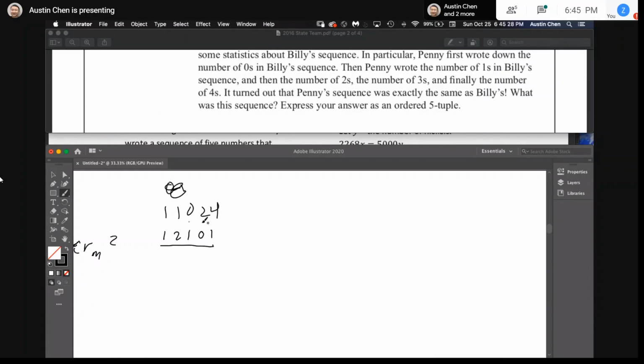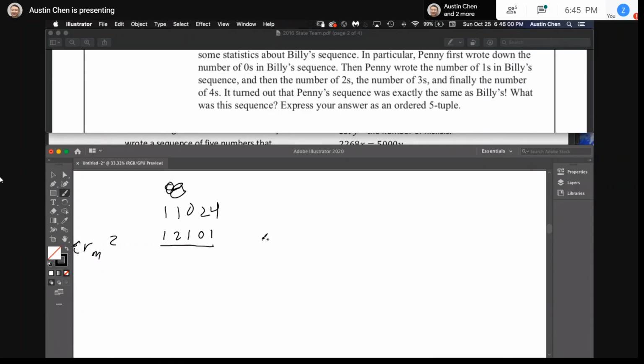How many digits do you have in total? It's five, we have a five-digit sequence. So that means our statistical sequence's sum has to be five, and if this sum is five, then our starting sequence also has to sum to five, because they have to be the same. So that's one thing to start off with.